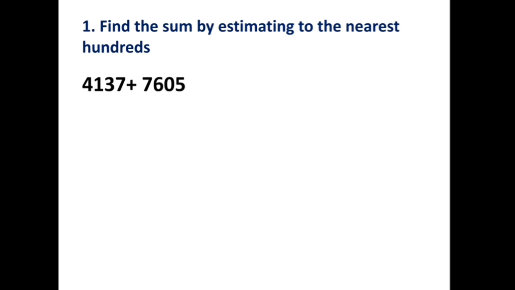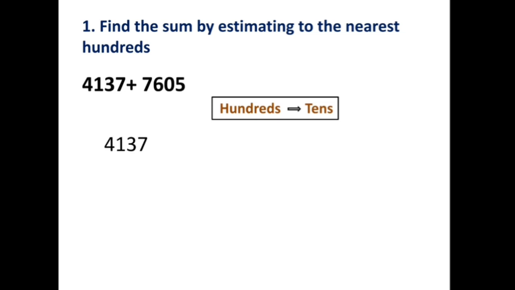Now let us solve some problems. Find the sum by estimating to the nearest 100. Here what should we do? First we need to estimate both the numbers and then do the addition. So let us copy the first number, 4137. Here the estimation is for 100, so we need to check tens place.